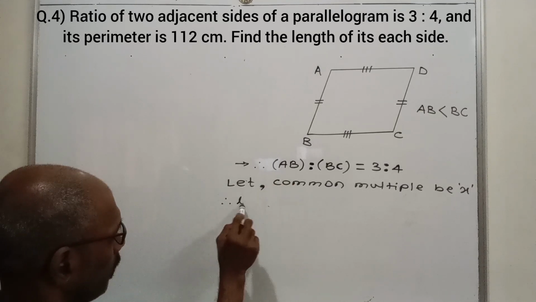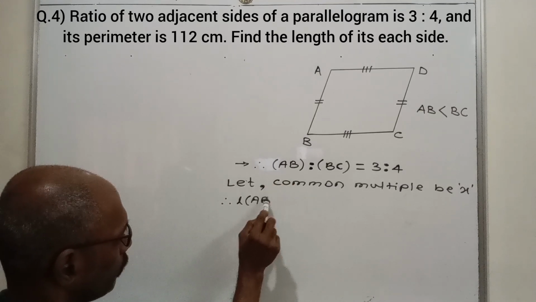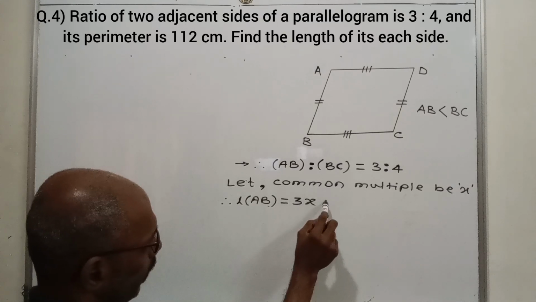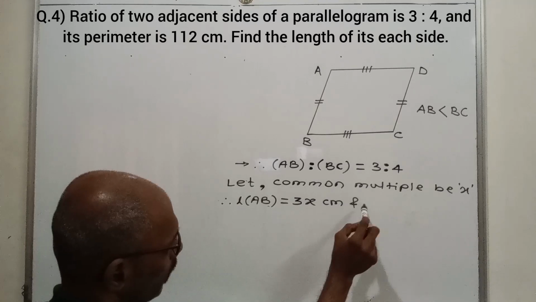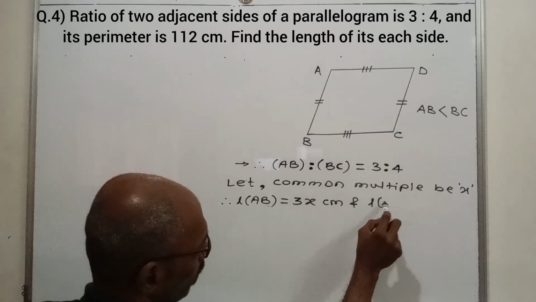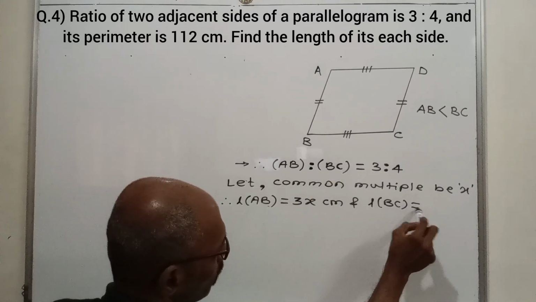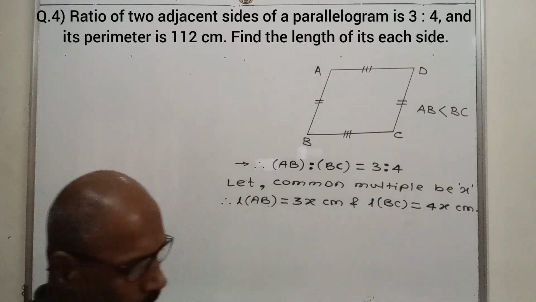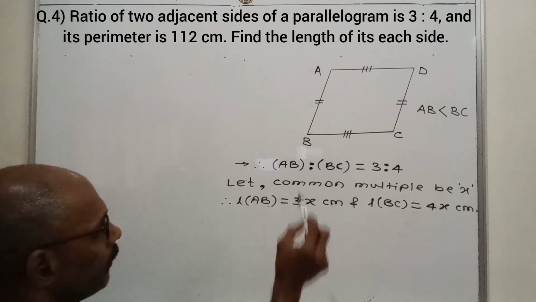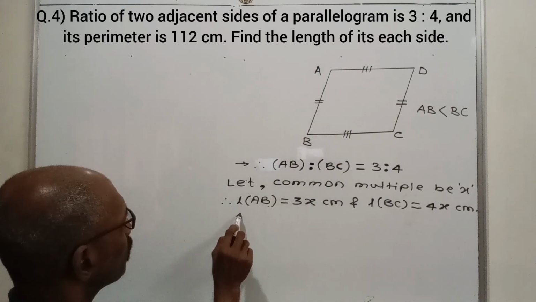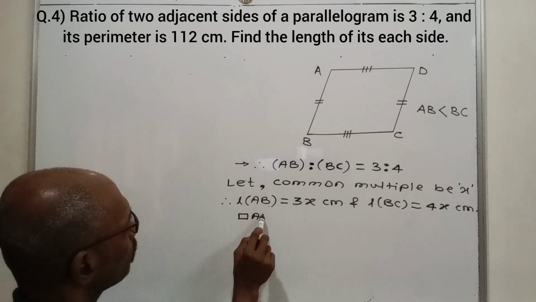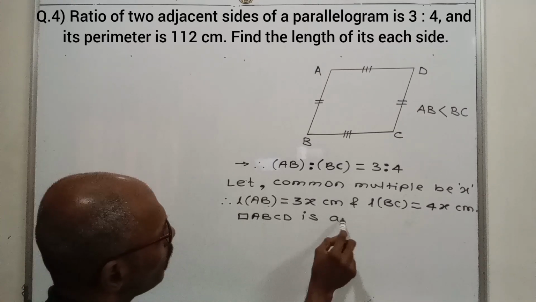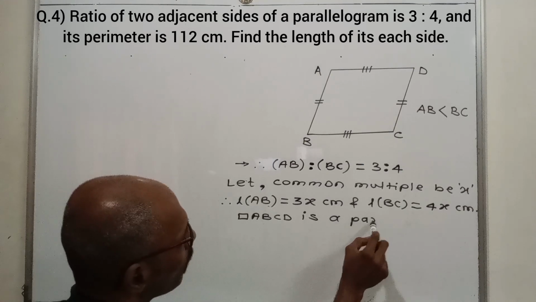Therefore, length of AB is equal to 3x centimeter and length of BC is equal to 4x centimeter. Did you get it? Now quadrilateral ABCD is a parallelogram.